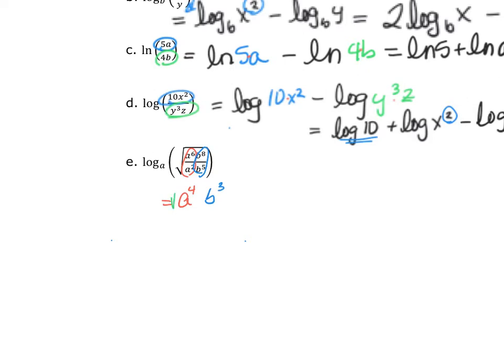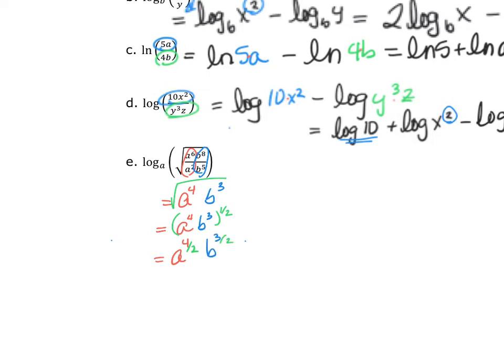It's underneath a square root, which is the same thing as a to the 4th, b to the 3rd, raised to the 1/2. I'm going to distribute the powers through, so this is going to be a to the 4 times 1/2, which is just 4 divided by 2, b to the 3 divided by 2.